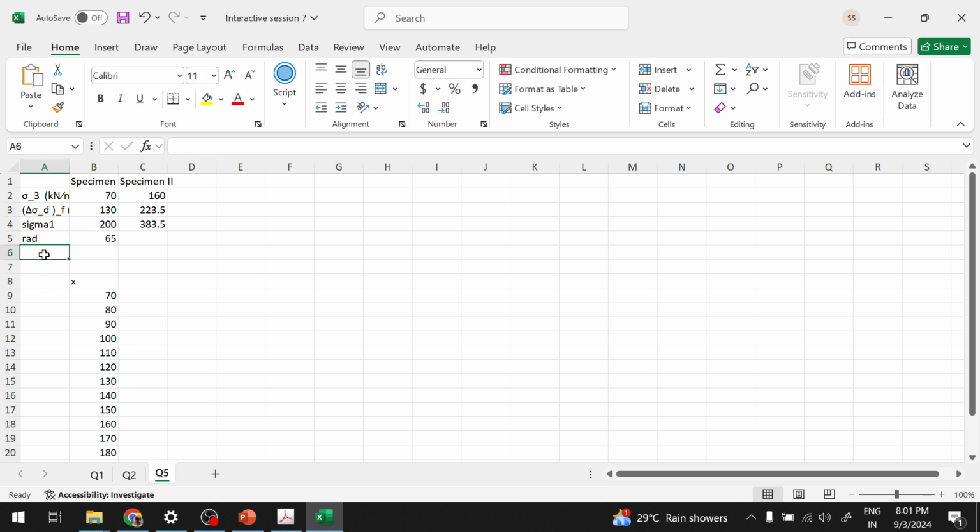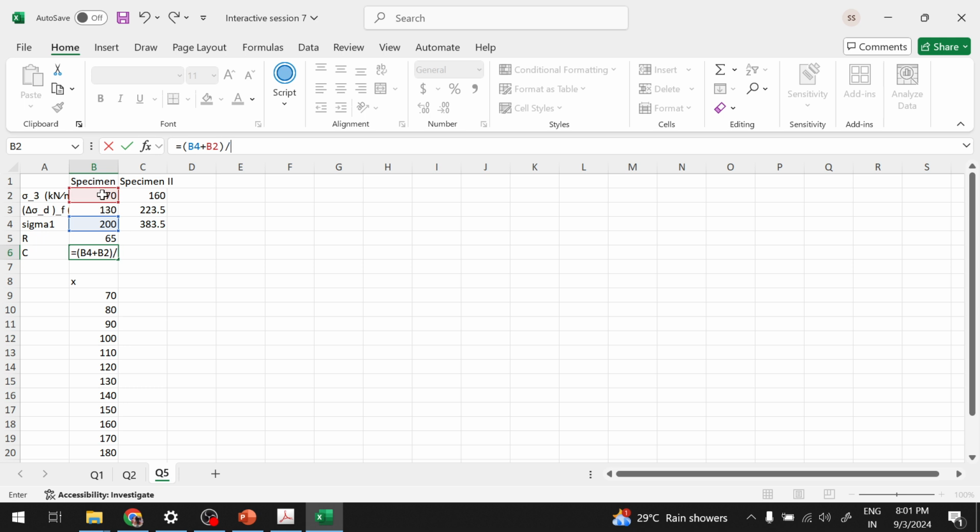And center, let's call this radius, will be sigma 1 plus sigma 3 over 2. Okay, and same is the case for specimen 2. Same is the case for specimen 2.